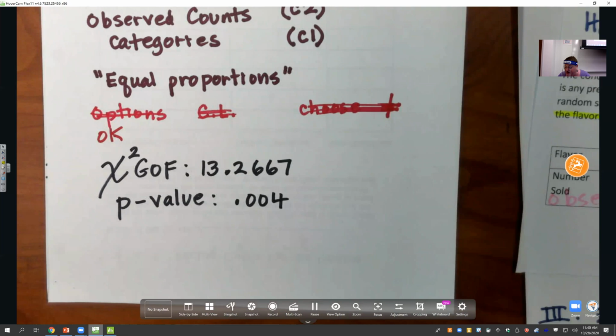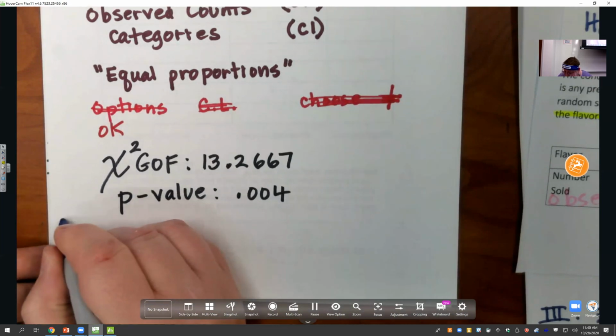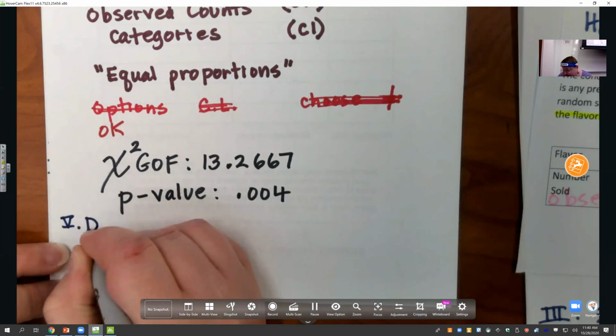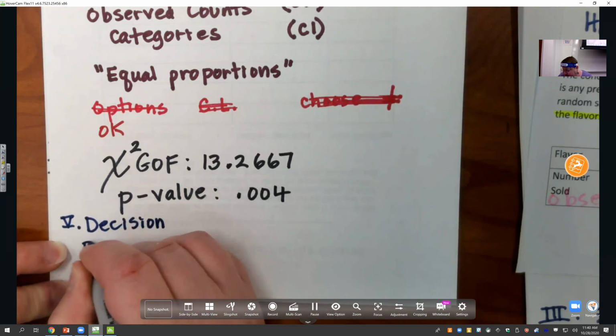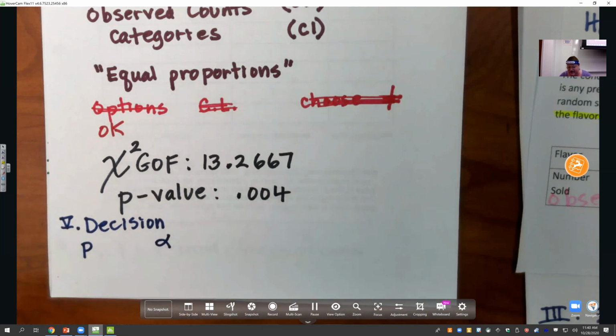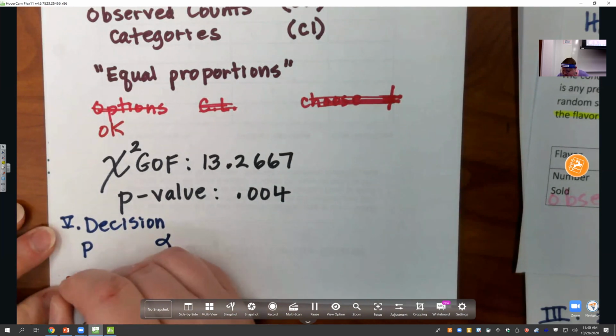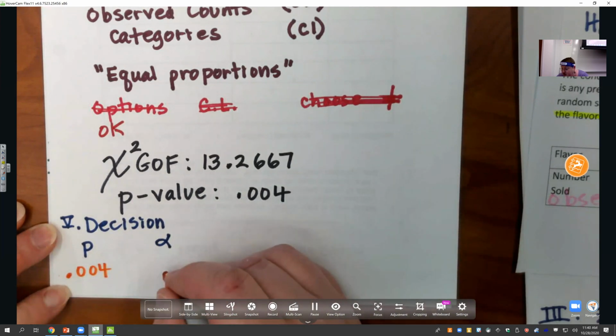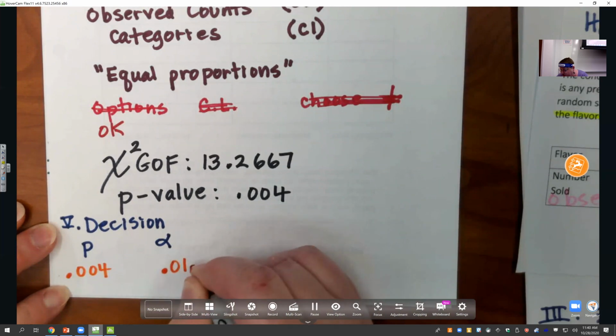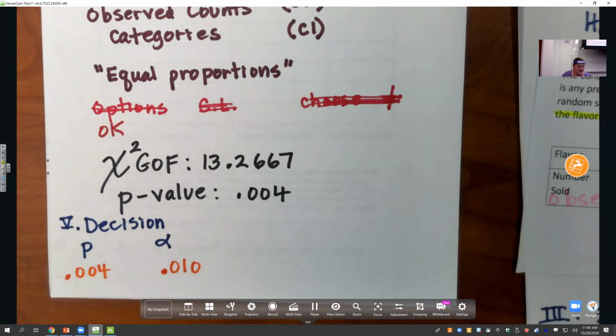Then, if we move to step 5, where we need to make a decision, we're going to make a decision doing the same thing that we were doing last week. We're going to compare the p-value that we just got from Minitab, which is 0.004, to the alpha that was given in the problem, which was 0.01. We're going to make that comparison.